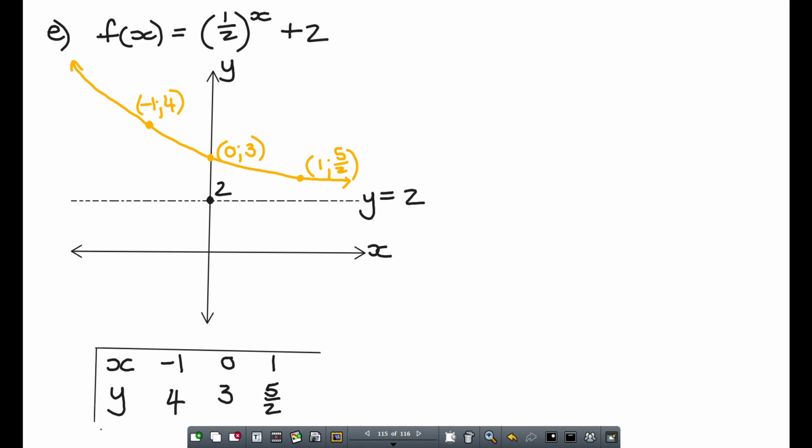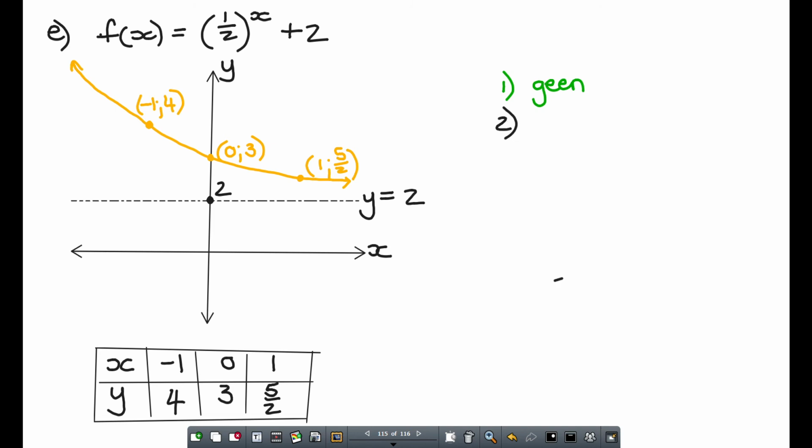Good, so let's look at our questions. It is very ugly, never mind. Okay, so number 1, they ask for the coordinates of the x-intercept. It is not cutting through the x-axis, so there is none. Okay, number 2, they ask for the domain and the range. Okay, so domain would be x is an element of real numbers.